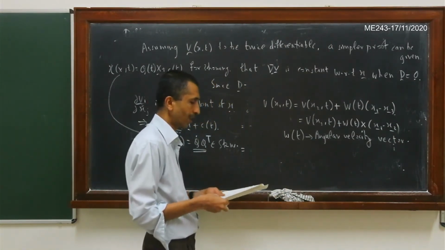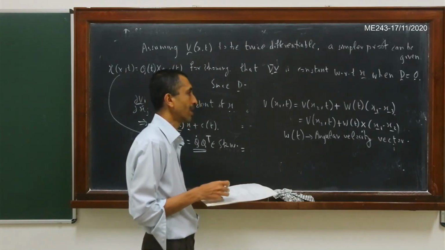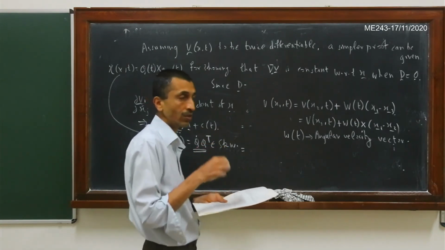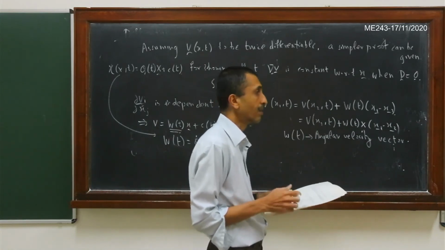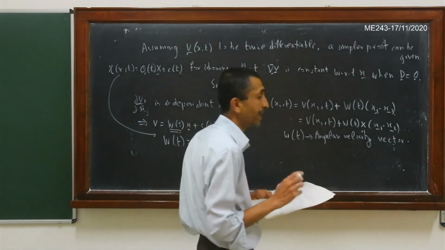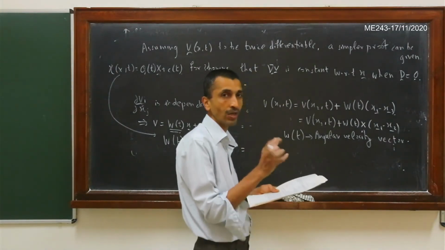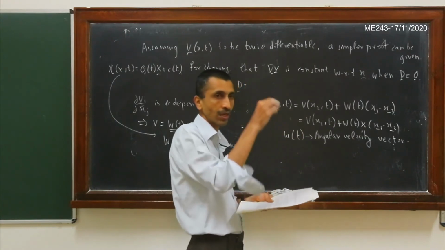Suppose you have a disk that is just rotating in one plane, then it is physically obvious that your angular velocity is perpendicular to the plane of motion of the disk. But imagine a spinning top, for example, where the top is spinning about its own axis, and that axis is also spinning about the vertical axis.